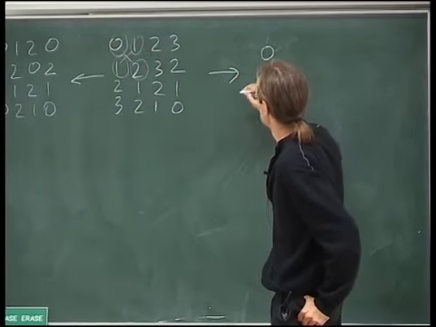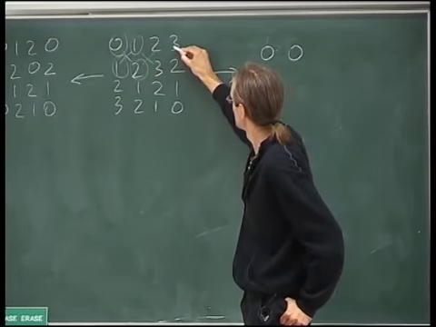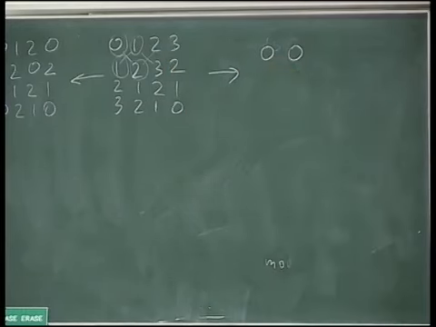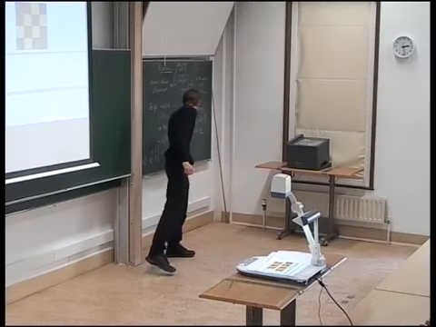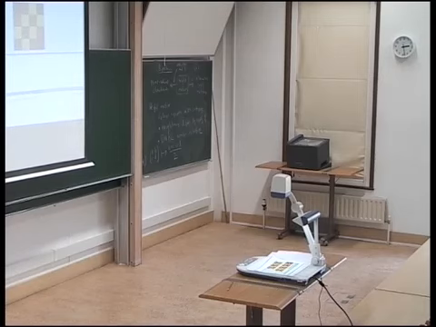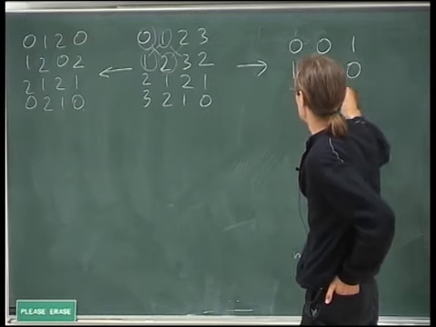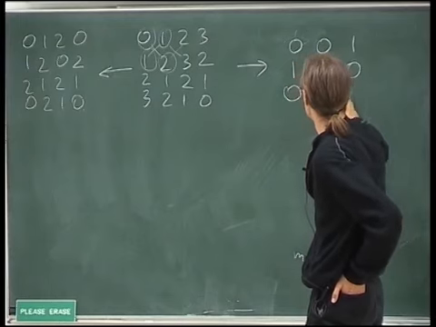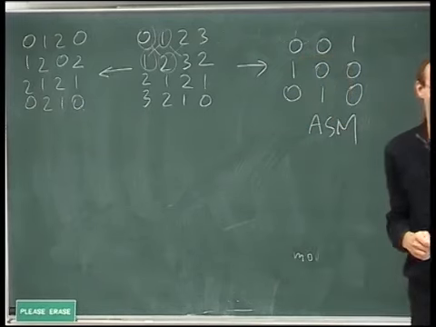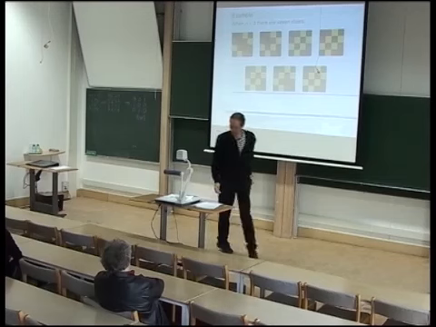That will give you 0. Similarly, here you will get 0, but here you get 3 plus 3 minus 2. That's 2, and you should divide by 2. So that will give you 1 here. And here I guess you will get 1, 0, 0, 0, 1, 0. So you see that this is indeed an alternating sign matrix. So it seems that this works somehow.